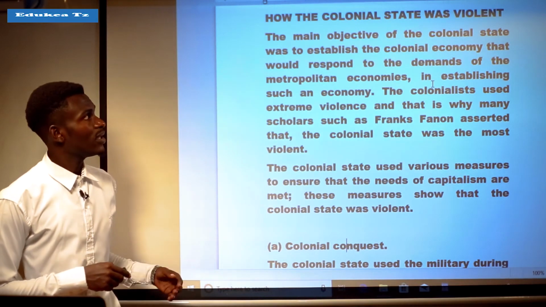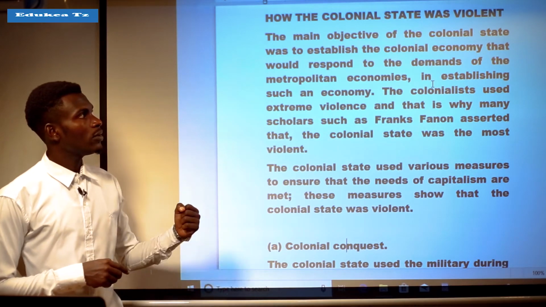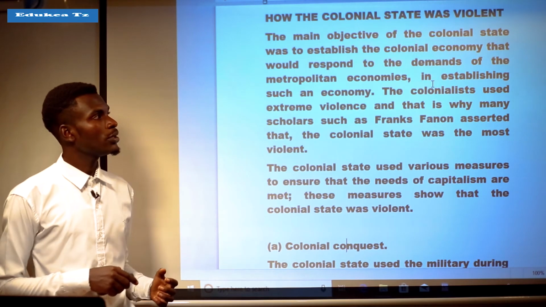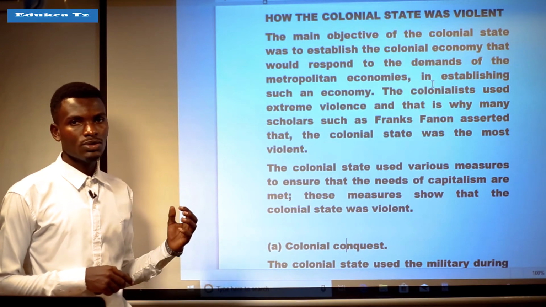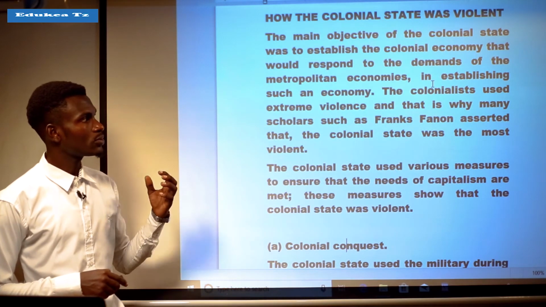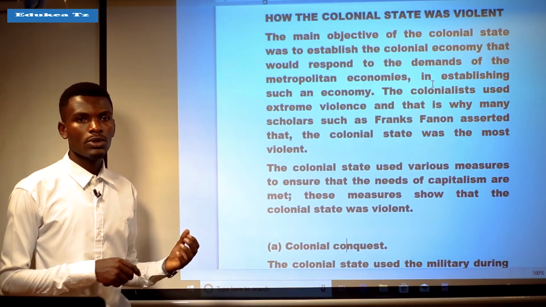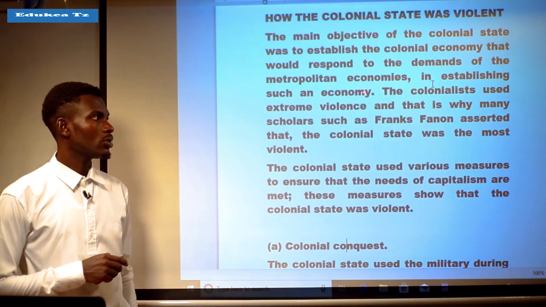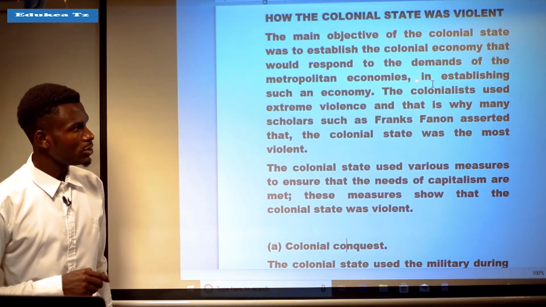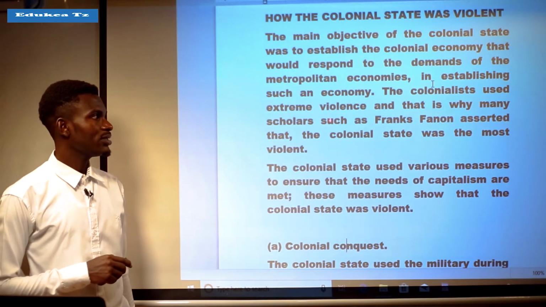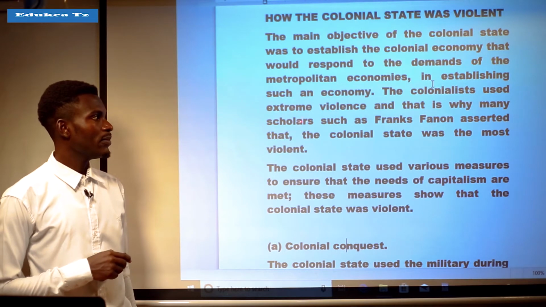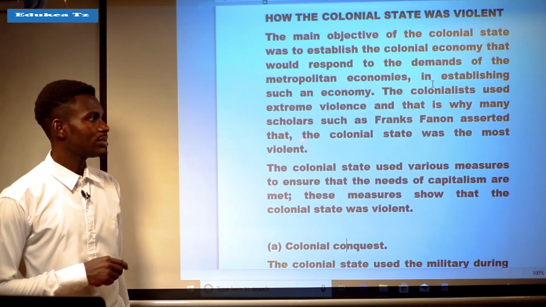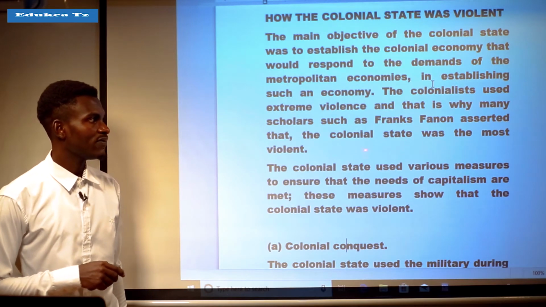The colonialists used extreme violence, and this is why many scholars such as Frank Stefano asserted that the colonial state was the most violent.